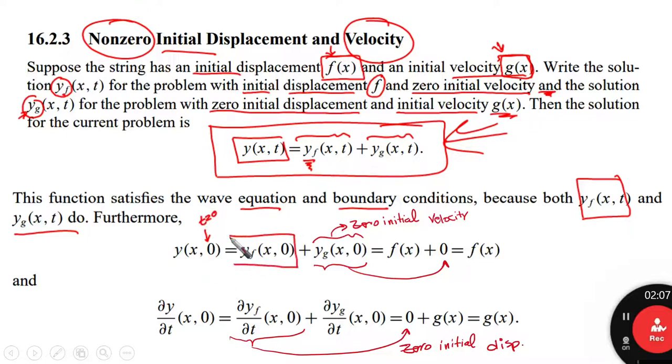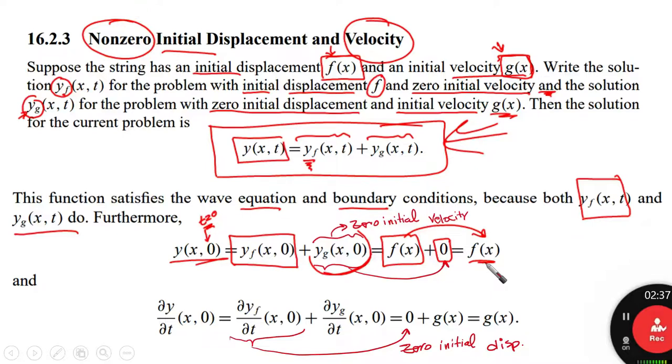This function is going to be y_f, the problem with initial displacement f and zero initial velocity, plus y_g of x and 0. How much is this value? Exactly, in this case it is going to be 0. So we are going to end up with f of x, which is right.